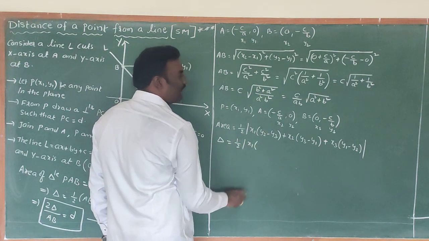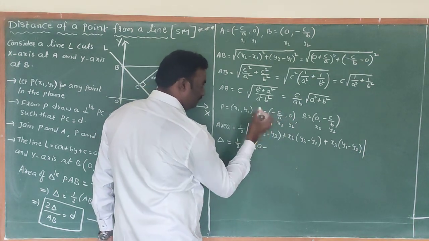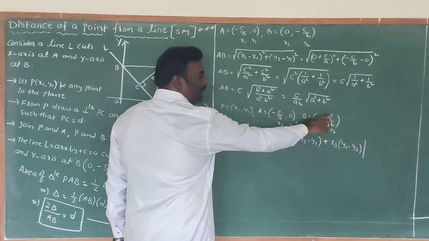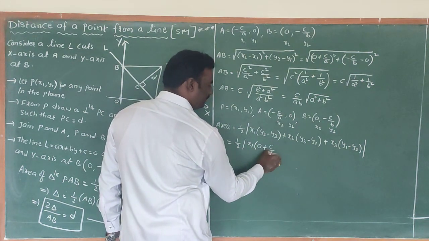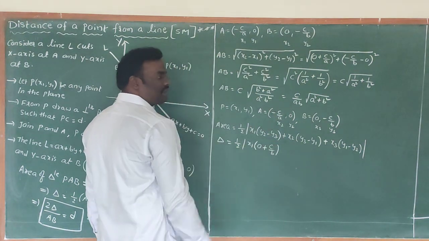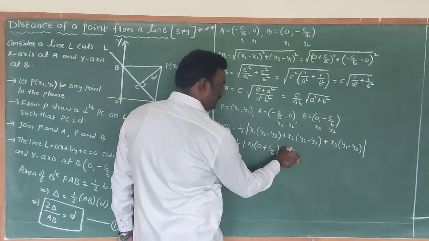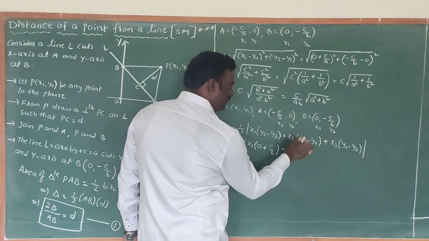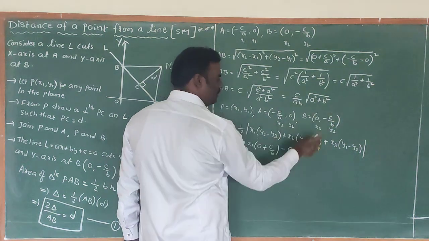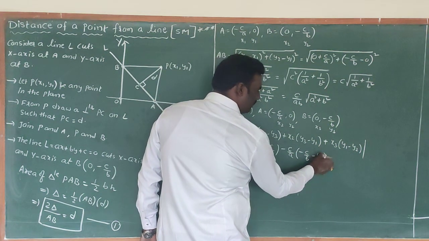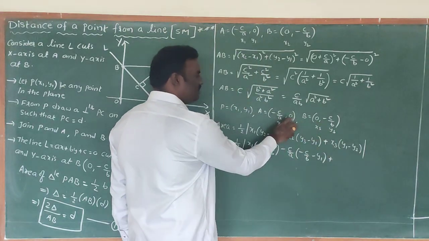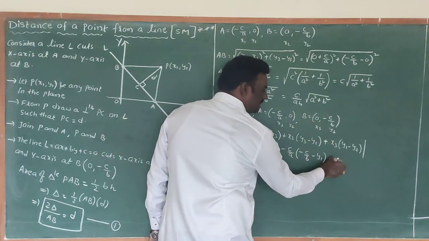Delta equals to half modulus of x1 into y2 how much? 0. y3 how much? Minus c by b. Already minus is there, plus c by b. Plus x2, minus c by a, into y3 how much? Minus c by b, minus y1, plus x3 how much? 0. 0 into anything? 0.